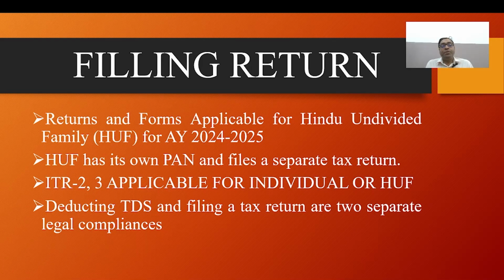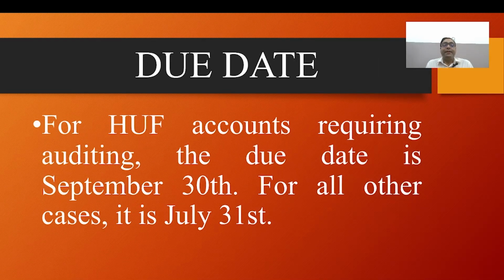Income tax return 2 and 3 are applicable for individual or HUF both. Deducting TDS and filing the tax return are two separate legal compliances. The due date is 31st July, and the government may extend it to 31st August and 30th September.